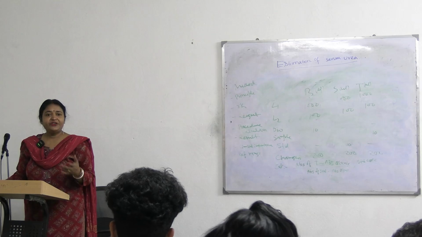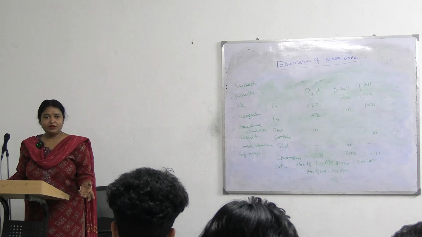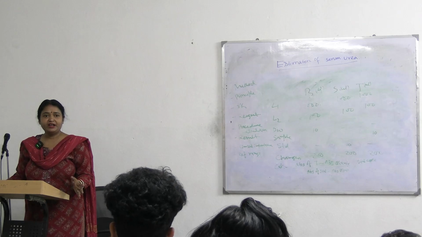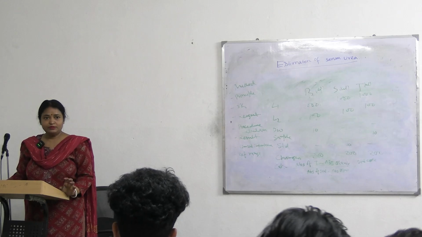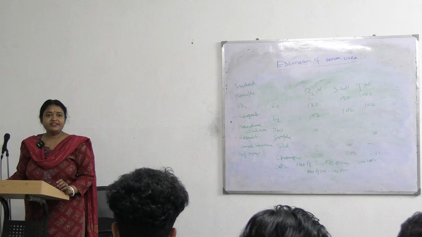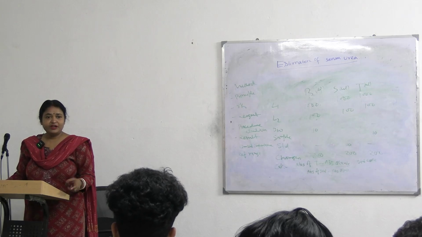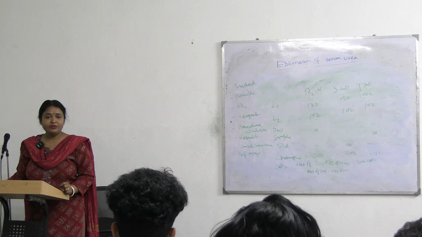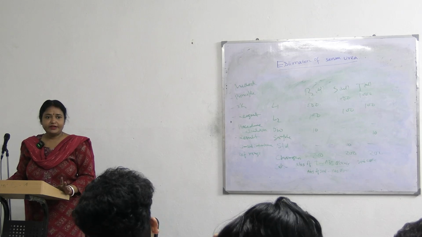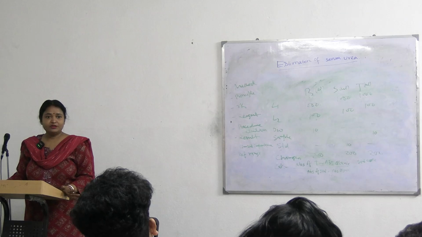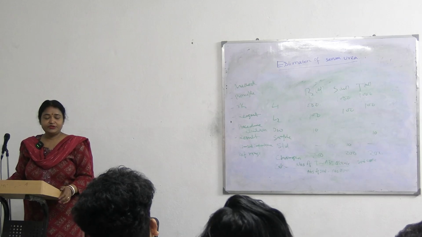Pre-renal: dehydration, increased protein intake, catabolism, vomiting, diarrhea, cortisol overuse. And in renal causes, you can say acute glomerulonephritis, because the glomerulus will be damaged and waste products will not be filtered properly, so urea will be increased. So pre-renal, renal and post-renal causes of increased urea.